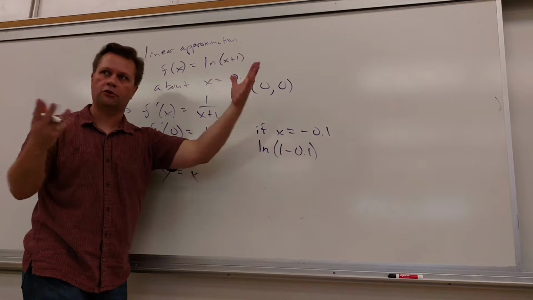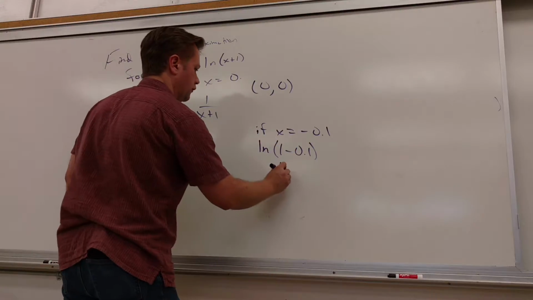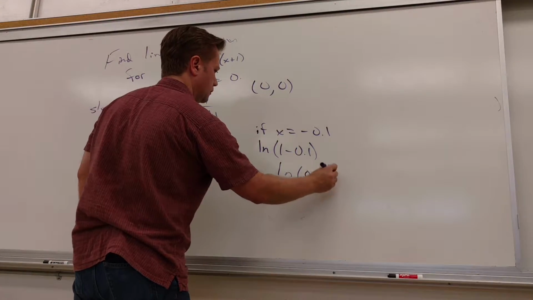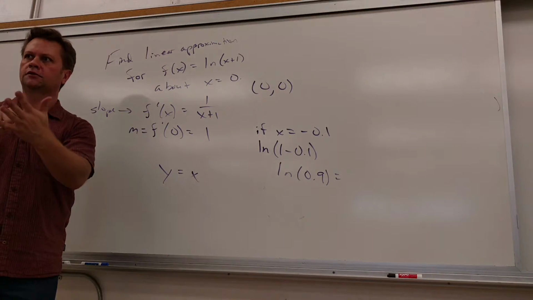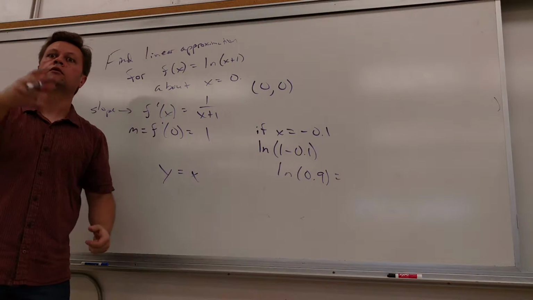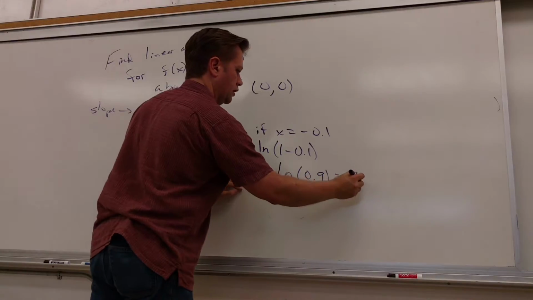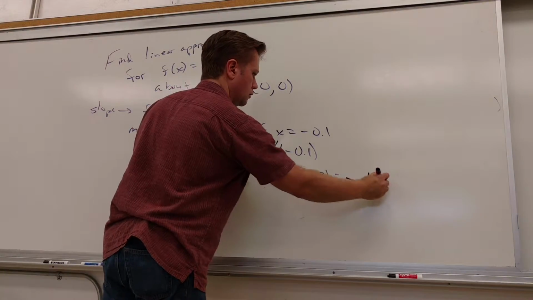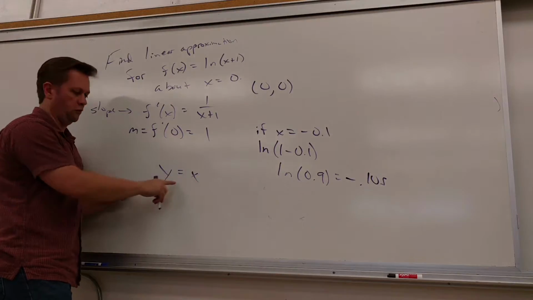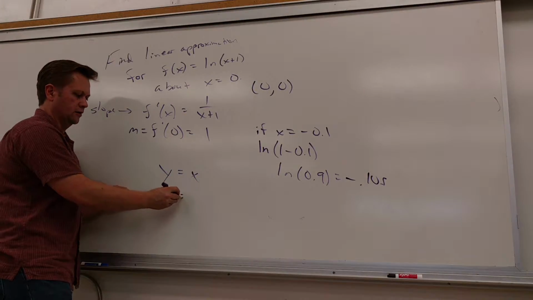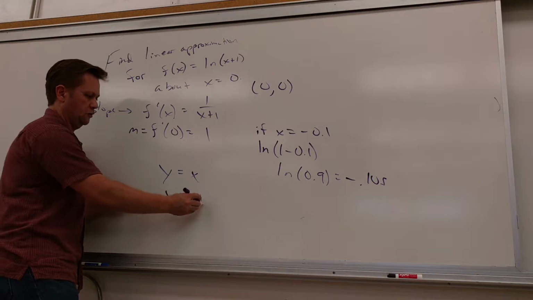Negative 0.1. What is the natural log of 0.9? Should be close to 0. Negative 0.1. And if I let x be negative 0.1, what's this give me? Negative 0.1. Is that close?